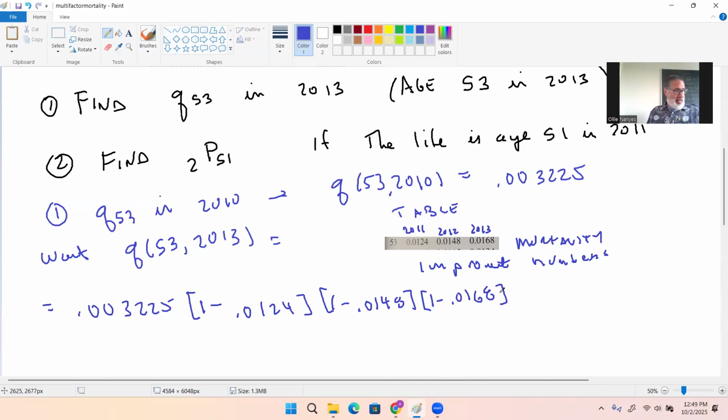Okay, so that number can be calculated; it shouldn't be that hard. I thought I had my calculator right here. Oh, yes, of course I do. So the first factor is 0.9876, which is 1 minus 0.0124. Then 1 minus 0.0148 gives 0.9852, and finally 1 minus 0.0168.